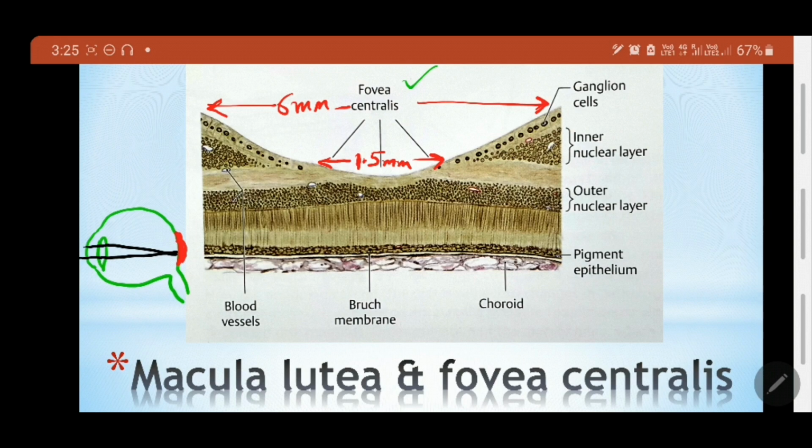So to see the fovea centralis, you are trying to see the cones. It's the area of the clearest vision, where you appreciate maximum bright light, and there are only cones. So to see the cones, you will have to remove the layers one by one.